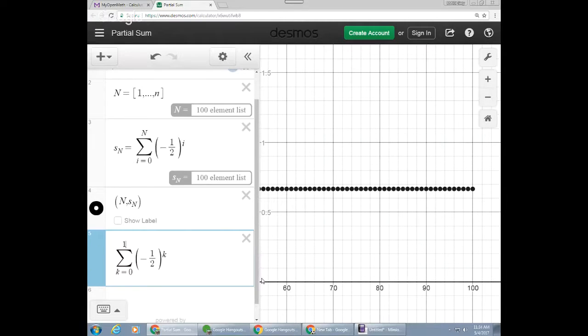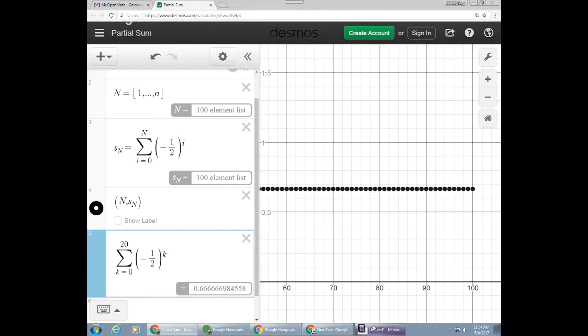Let's go out 100 terms. And it's giving me a lot of 0.6s there at the bottom. What if I only went out 10? If I go out 10 terms, I have 2 or 3 places of accuracy. If I go out 20 terms, 1, 2, 3, 4, 5 places of accuracy. Not bad. It's converging pretty quickly.